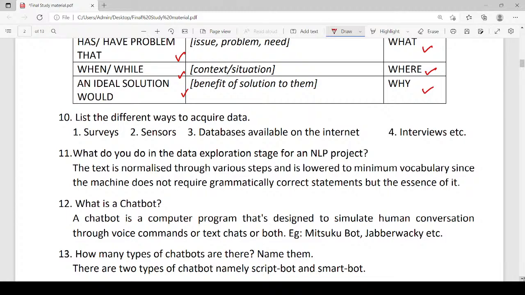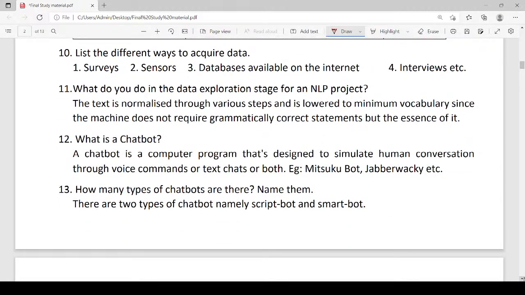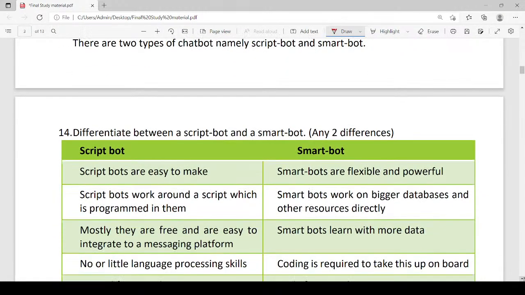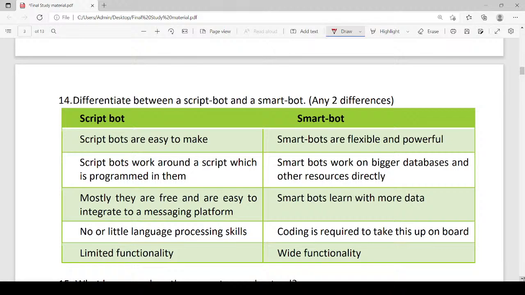Smartbot is AI based. So we may also get a question which asks you for the differences between a scriptbot and a smartbot. Maybe 2 differences or maybe 4 differences. Now script bots are very easy to make because they revolve around one single script, whereas smart bots are flexible and powerful because you're going to be working on bigger databases and other resources directly.